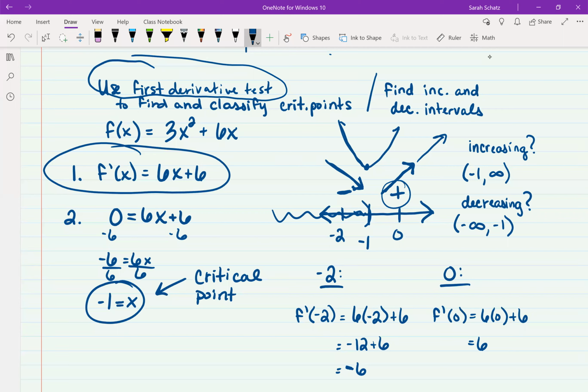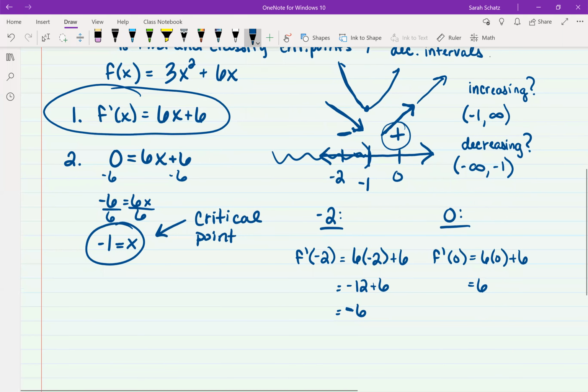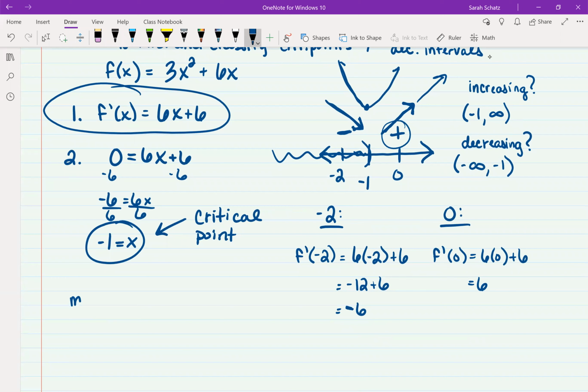But you guys, let's talk min and max. Another part of the question might say this. It might say, is there any minima or minimum on this function? And let's see what our answer is, guys. Your critical point is going to be a minimum or a maximum, right?